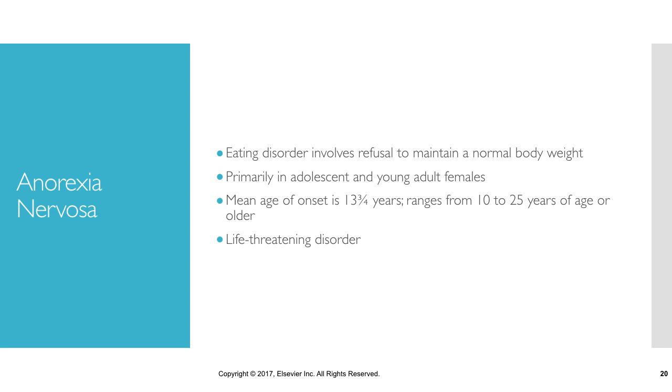It is a life-threatening disorder because it does affect the electrolytes in the body. And although anorexia itself is more of a not eating type disease, it definitely is related with bulimia. And those types of disorders really mess up the electrolytes.